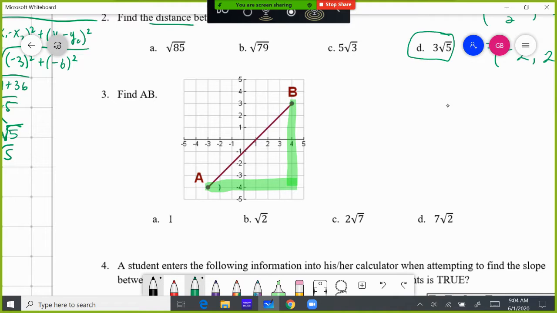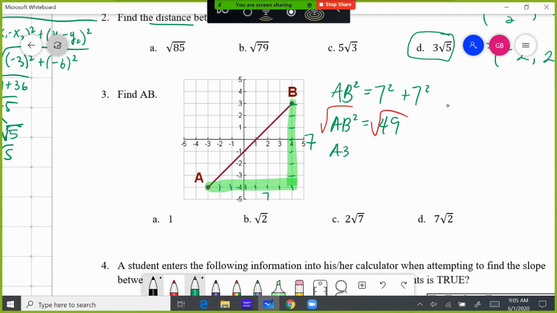And this base here is 1, 2, 3, 4, 5, 6, 7. And the height is 1, 2, 3, 4, 5, 6, 7 units as well. So AB squared is 7 squared plus 7 squared, which is 49. And then you need to find the square root of both sides.